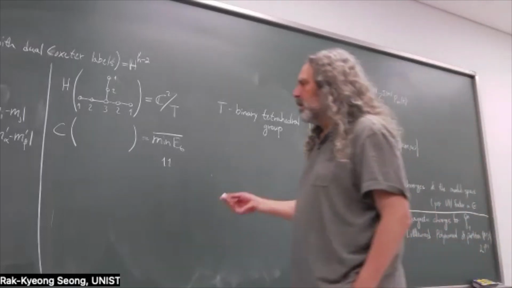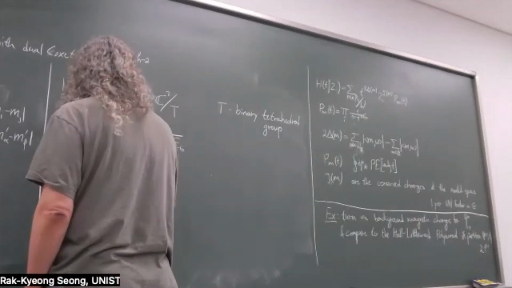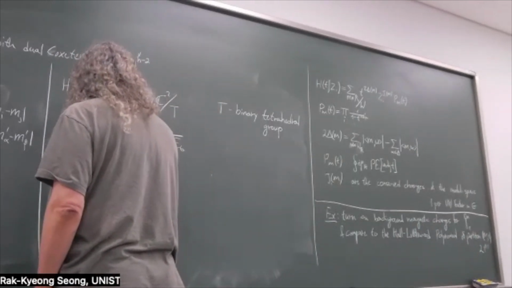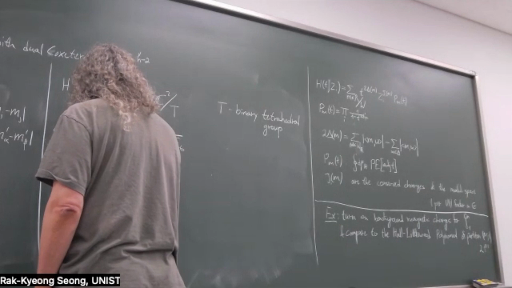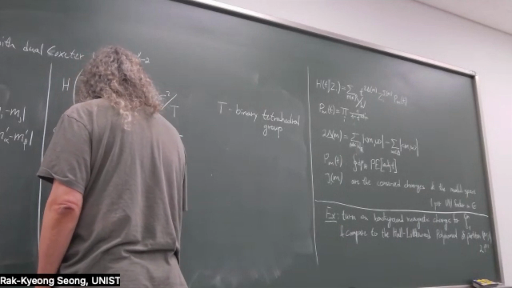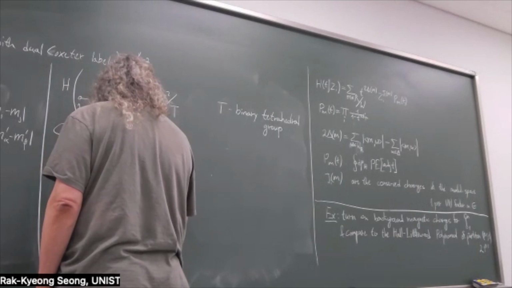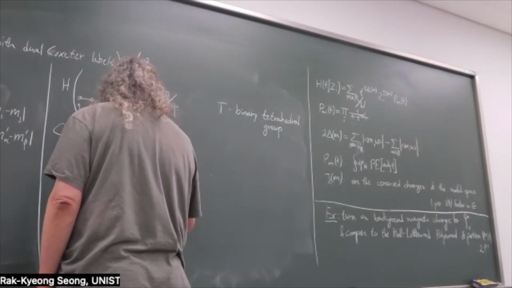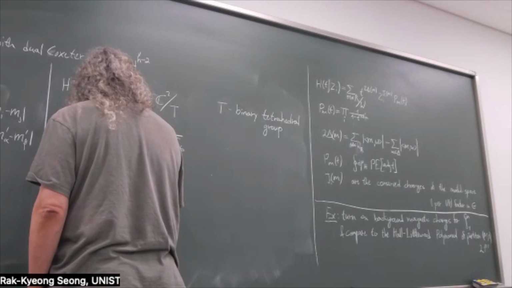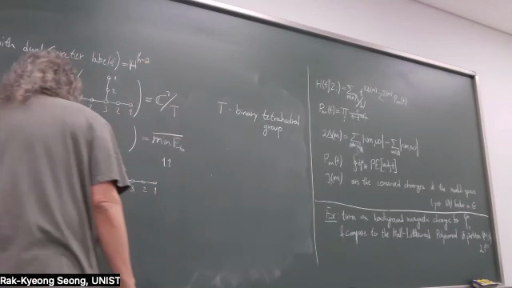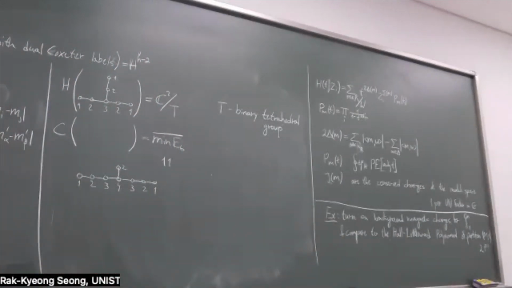So, again, the similar thing, we will do all cases. Next case to consider is 1, 2, 3, 4, 3, 2, and 1, and here 2. Which quiver is this? These are fundamental objects.